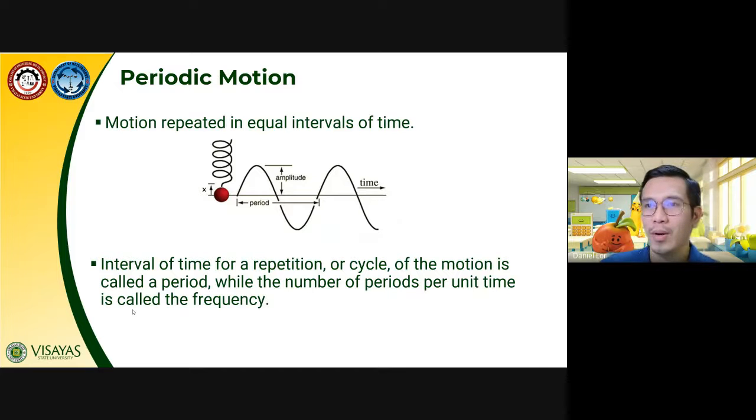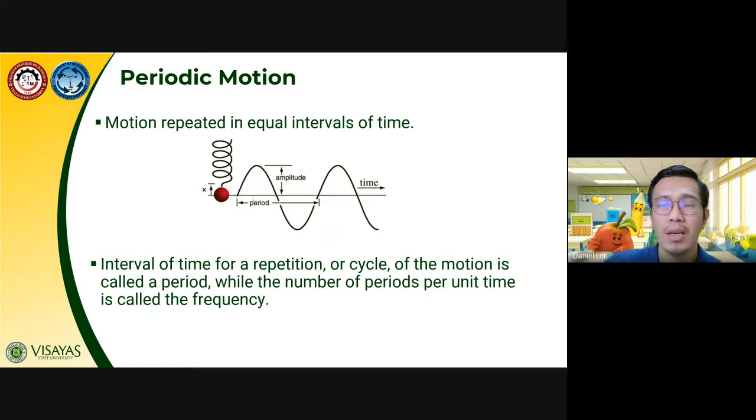Okay, so during my first video, the part 1, we discussed that periodic motion is a motion which is repeating in equal intervals of time, assuming that there is no damping.